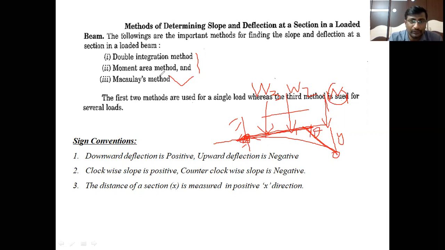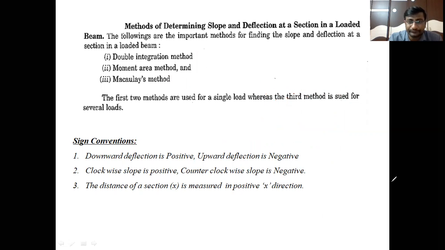We will solve 2-3 problems using the first two methods, and all the remaining problems we will solve using Macaulay's method, because it is the best method, so we follow that method.